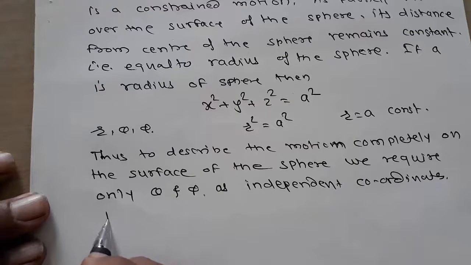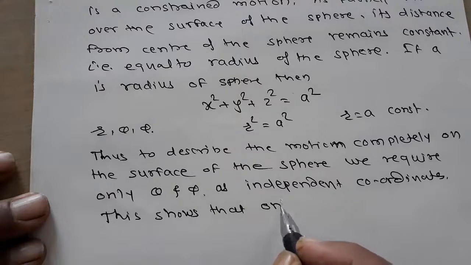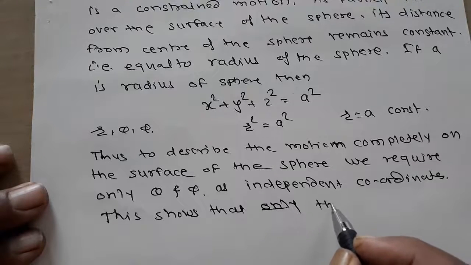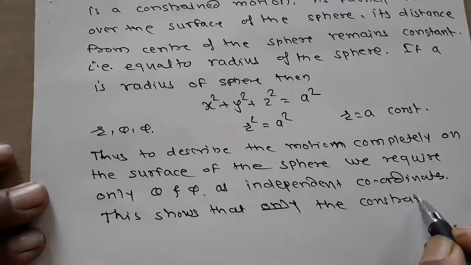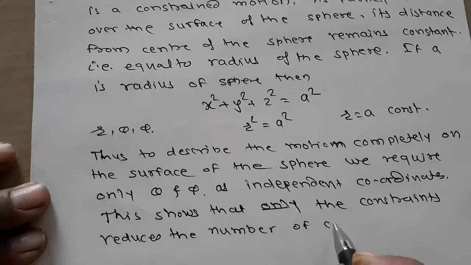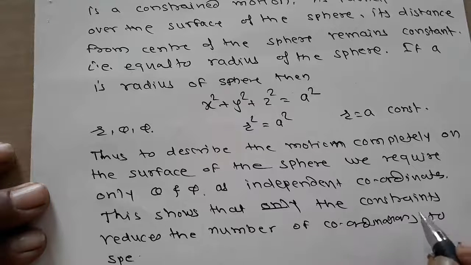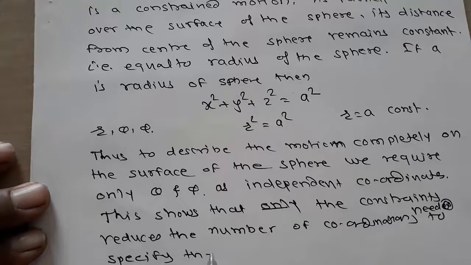Thus, this shows that the constraint reduces the number of coordinates needed to specify the complete motion of the particle.